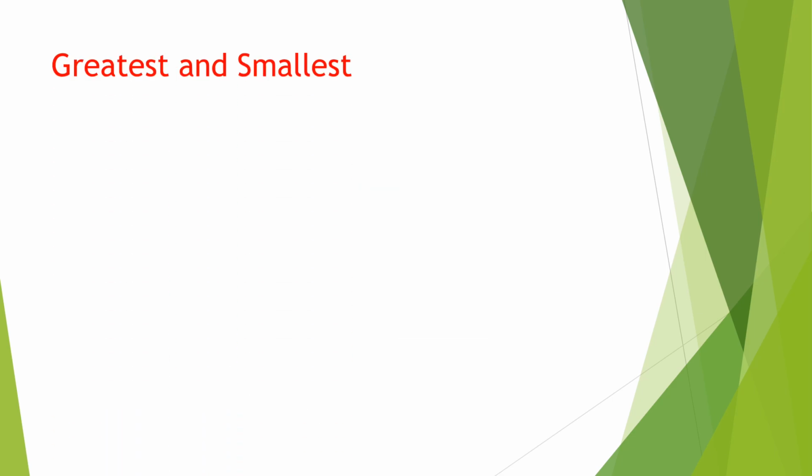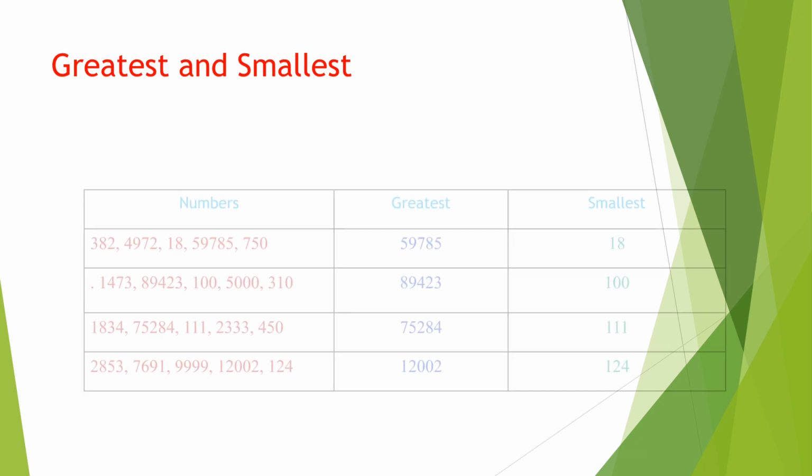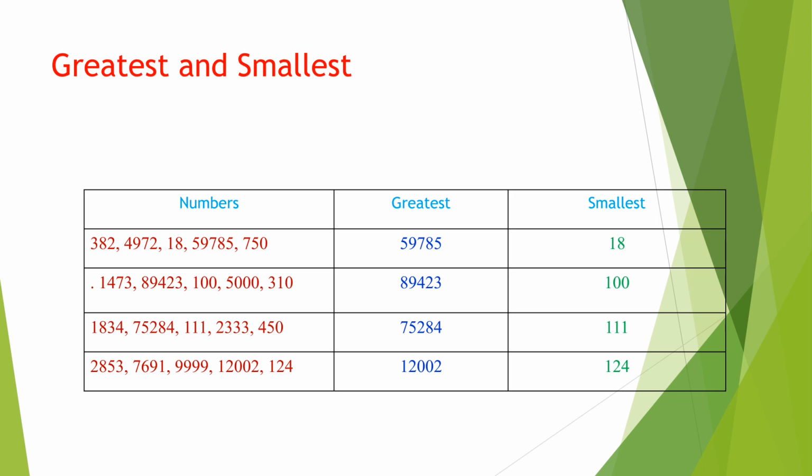Next, we will solve some questions from your NCERT textbook. The first question, numbers are given: 382, 4972, 18, 59,785, 750. You have to find the greatest and the smallest number.